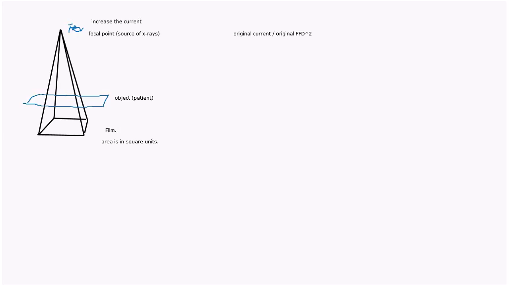So we've got this ratio, which happens to be proportional to the new current, current is measured in milliamps, divided by our new focus to film distance, also squared. And the nice thing about this is current is pretty much always measured in milliamps for our purposes.